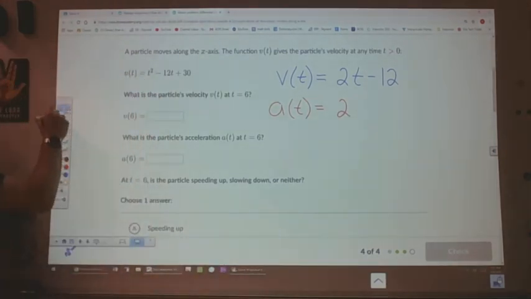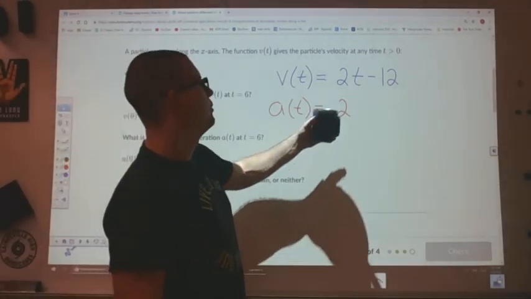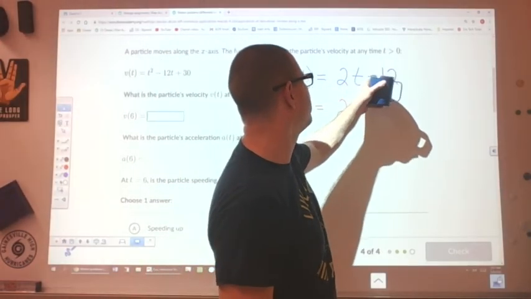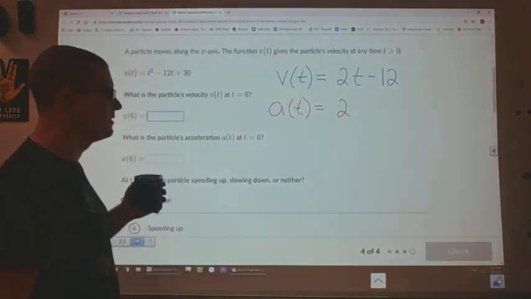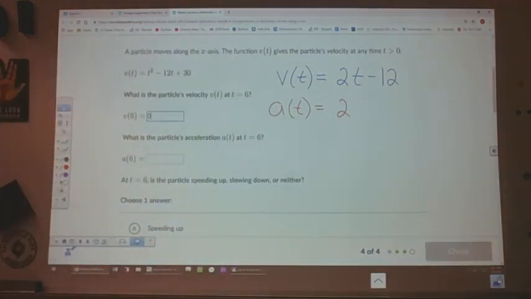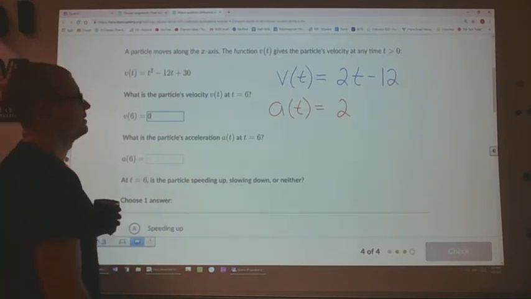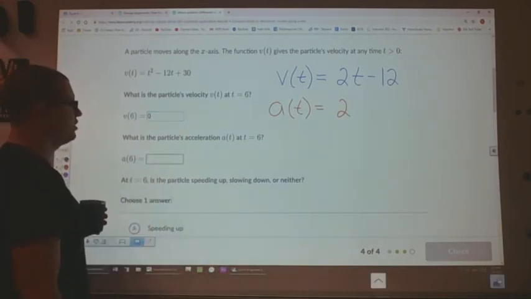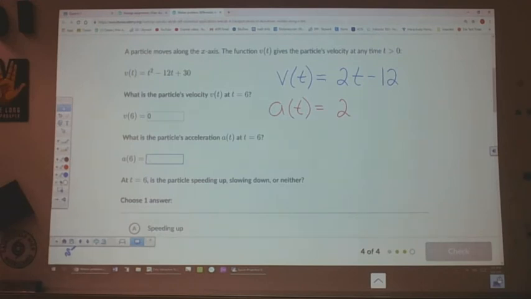Our velocity at 6 is 2 times 6, 12, minus 12 is 0. So it's not moving anywhere. It is stopped. Its acceleration, what is the particle's acceleration at time 6? It's 2.